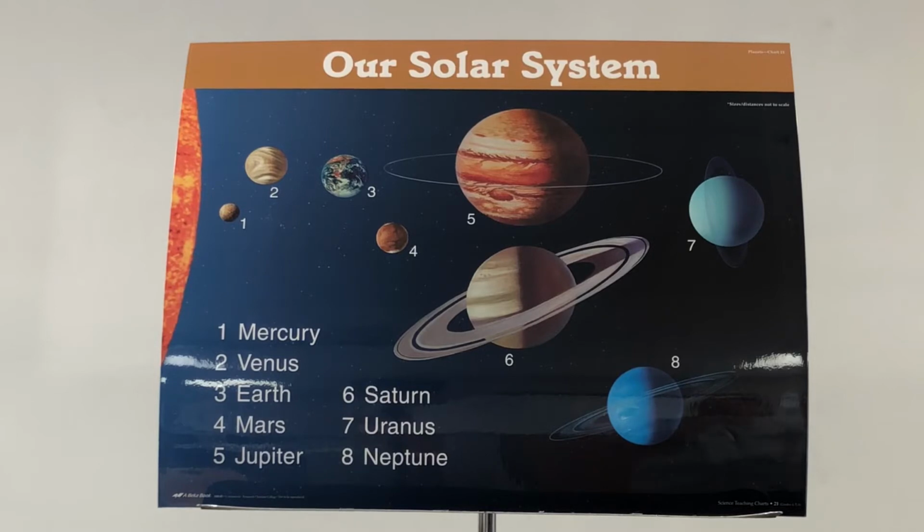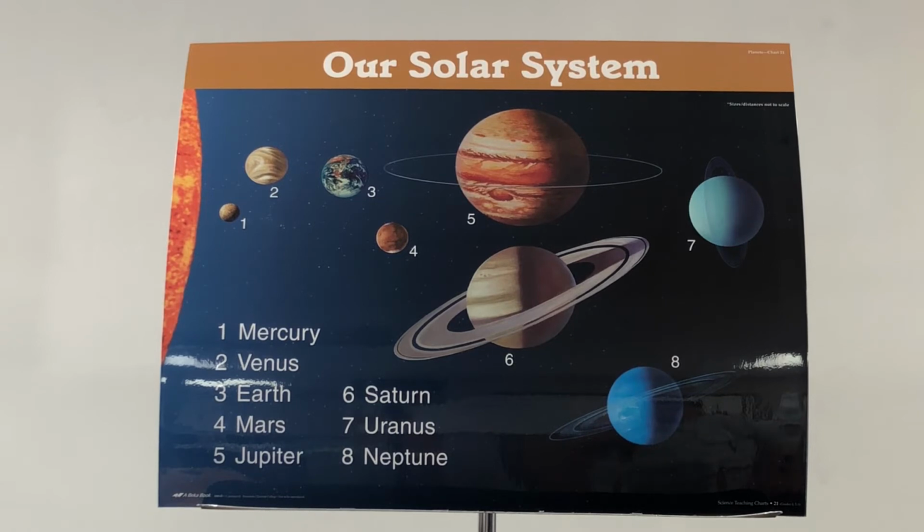Boys and girls, let's go over our solar system chart. Do you remember our acronym? My very eager mother just served us nachos. Again, my very eager mother just served us nachos. Mercury, Venus, Earth, Mars, Jupiter, Saturn, Uranus, Neptune.